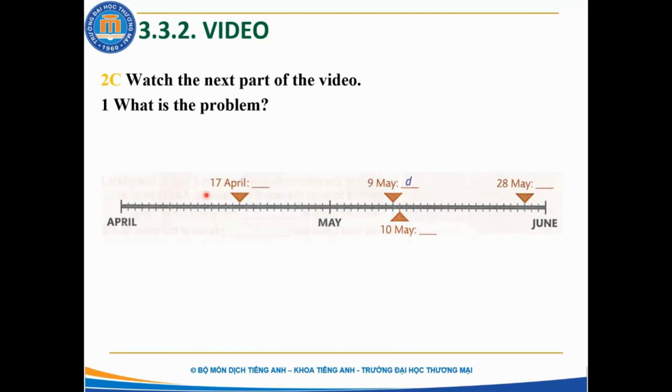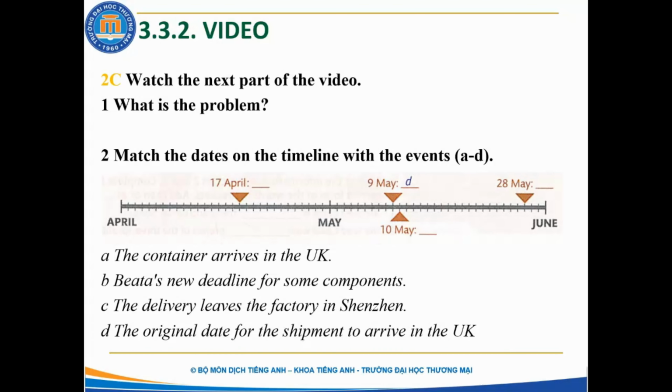We have the 17th of April, the 9th of May, the 10th of May, and the 28th of May. What you have to do is to watch the video and match the dates on the timeline with the events. So we have here 4 events. Event A, the containers arrived in the UK.